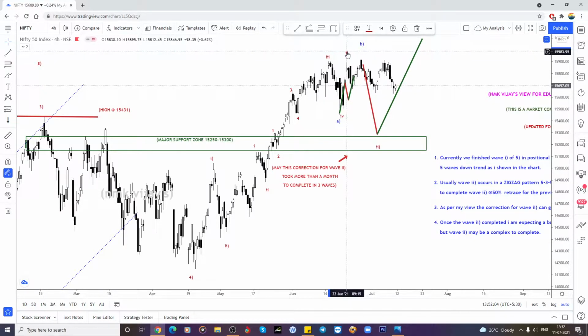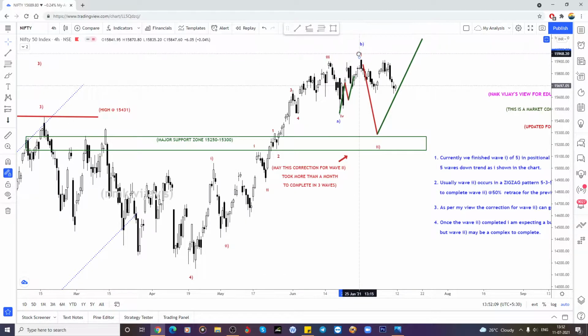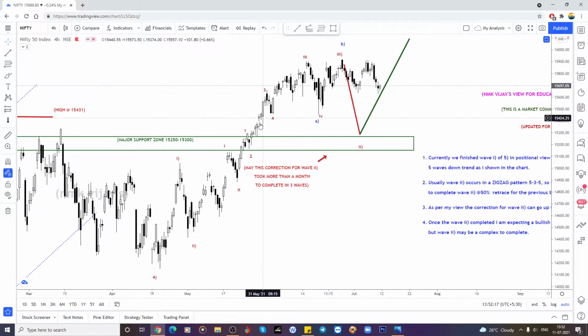So that means this is the end of the third wave here. I will mark this as the third. For this one, this is the second, here 1, 2, 3, 4 and 5. So this could be the fourth.